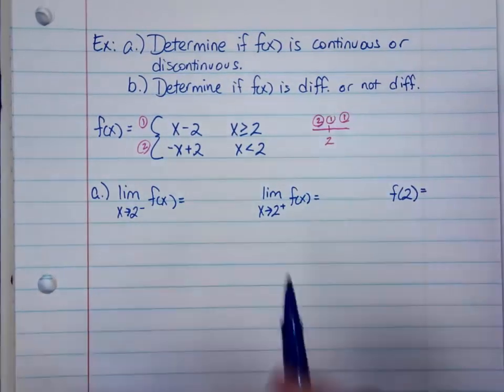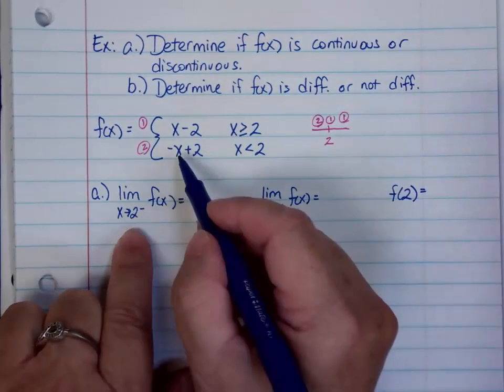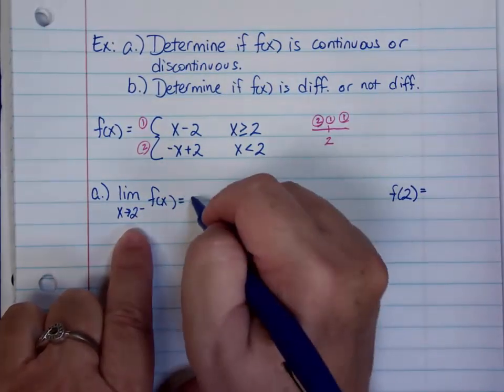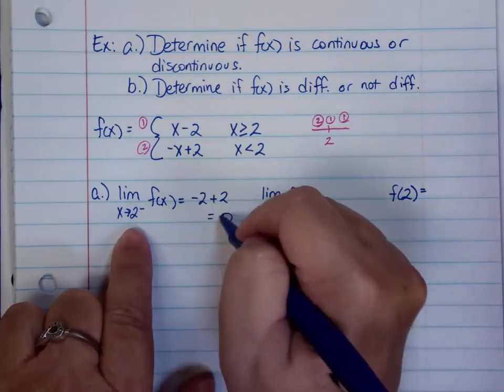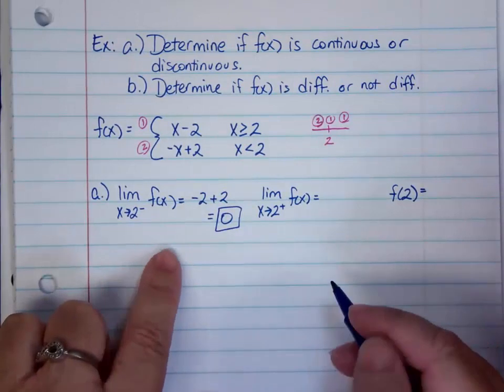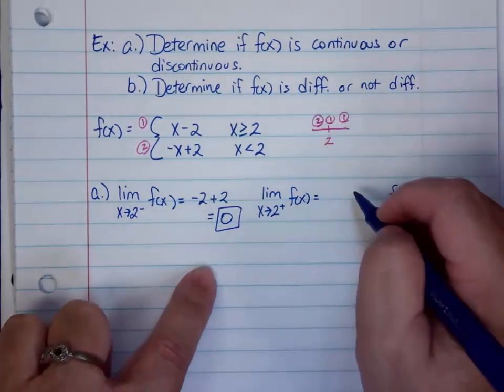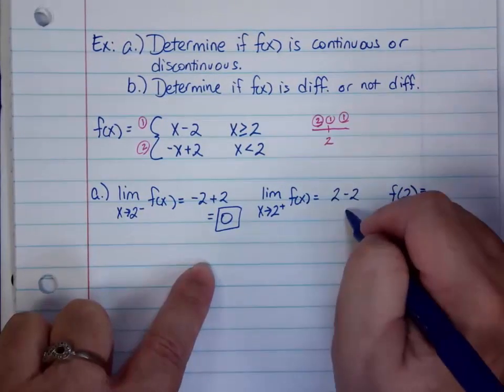So 2 from the left would be the second equation. I'm plugging in 2, so it's going to be negative 2 plus 2. So this limit is 0. 2 from the right means I'm going to plug 2 into the other equation. So that's 2 minus 2, which is also 0.